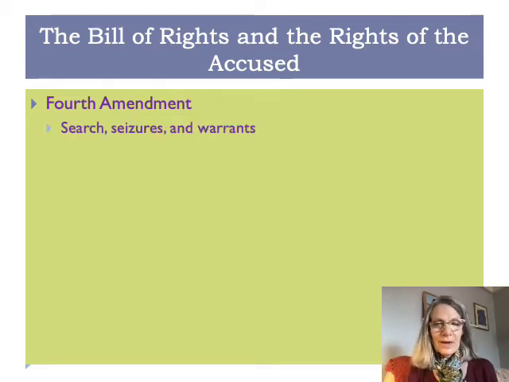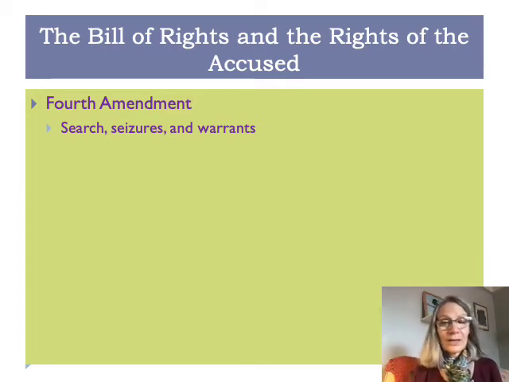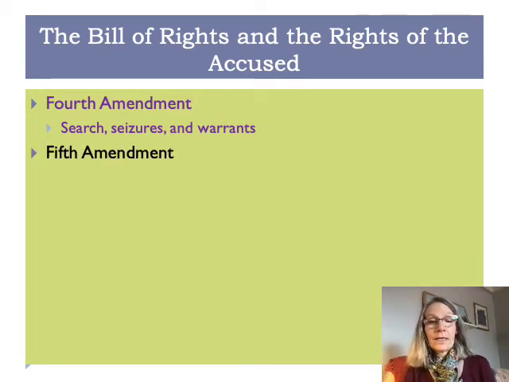The 4th Amendment obviously affects the police and the way that they behave, because it deals with searches, seizures, and the issuance of warrants. These are all things police officers engage in, searches, seizures, and arrests, but also getting a warrant from a judge in order to engage in a legal search.